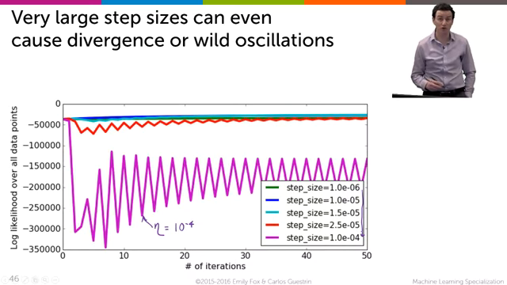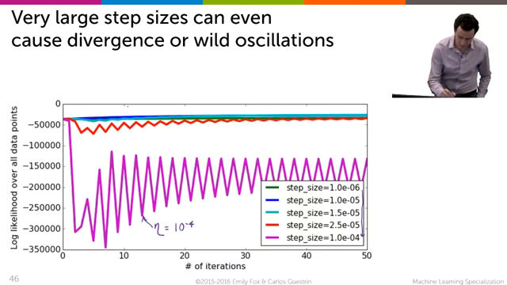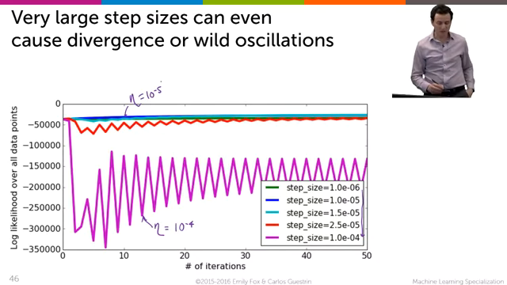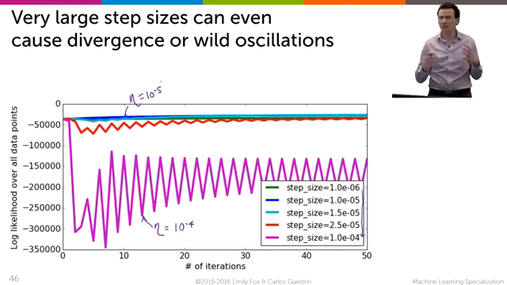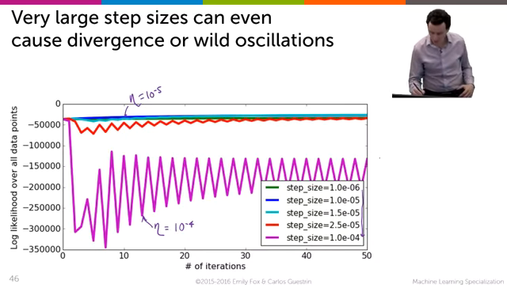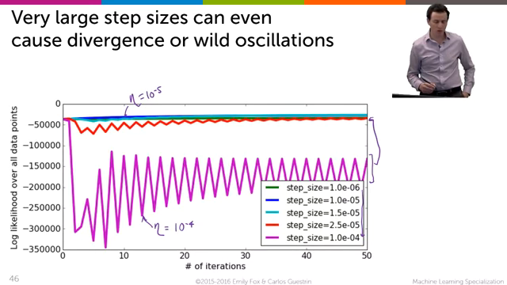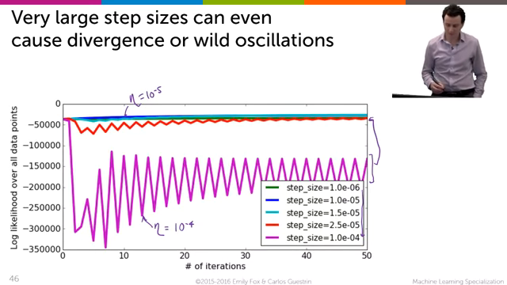This is 10 to the minus 4, so 10 times bigger than this blue line here, which is eta 10 to the minus 5. The first thing that you observe is these wild oscillations. This parameter is too big, things are going everywhere, it doesn't seem to be converging, and the likelihood value is much lower than for the other parameters.